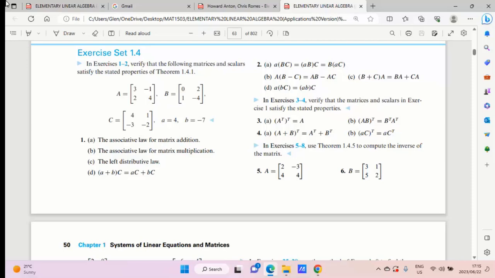So they want us to prove left hand side equals right hand side. Where? Letter B. In B, what are they looking for? Tell me.